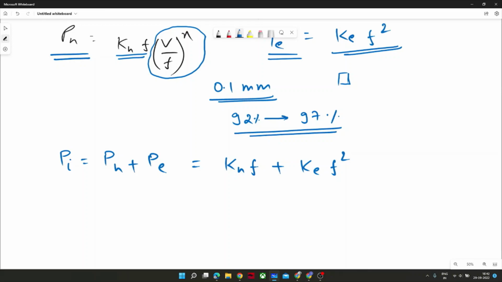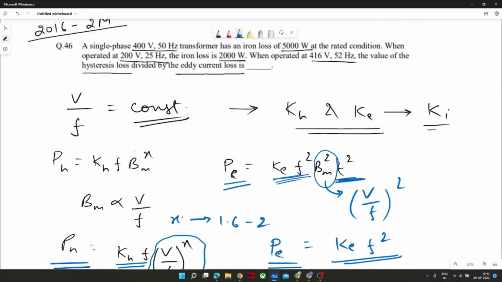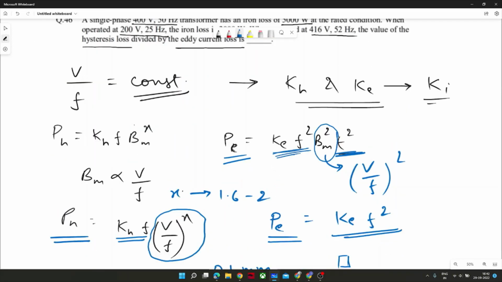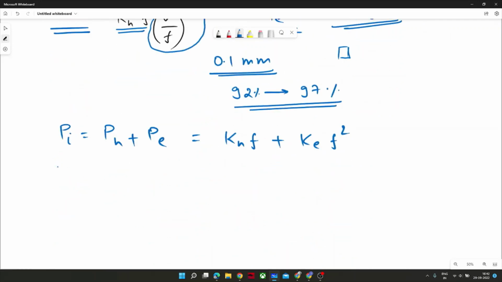I will write three equations since 3 points are given. First was given 50 hertz and 5 kilowatt. So I can write 5000 watt equals KH into 50 plus KE into 50 square.